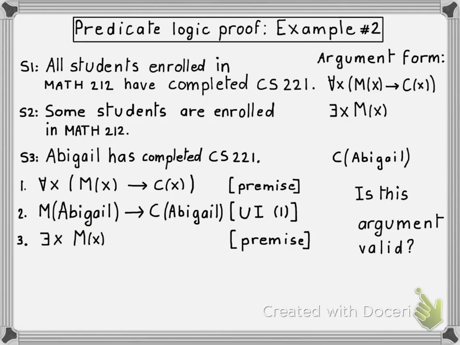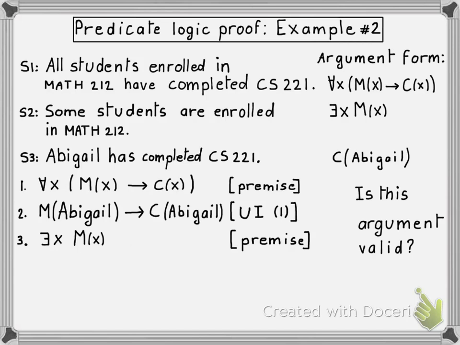Well, here's the good news. Proposition 3, which is true as a premise, says there exists x such that m of x. So we're going to proceed to instantiate this existentially quantified proposition by replacing x with a specific element of the universe. And we know that that specific element must exist, since it says right here, there exists at least one x such that m of x.